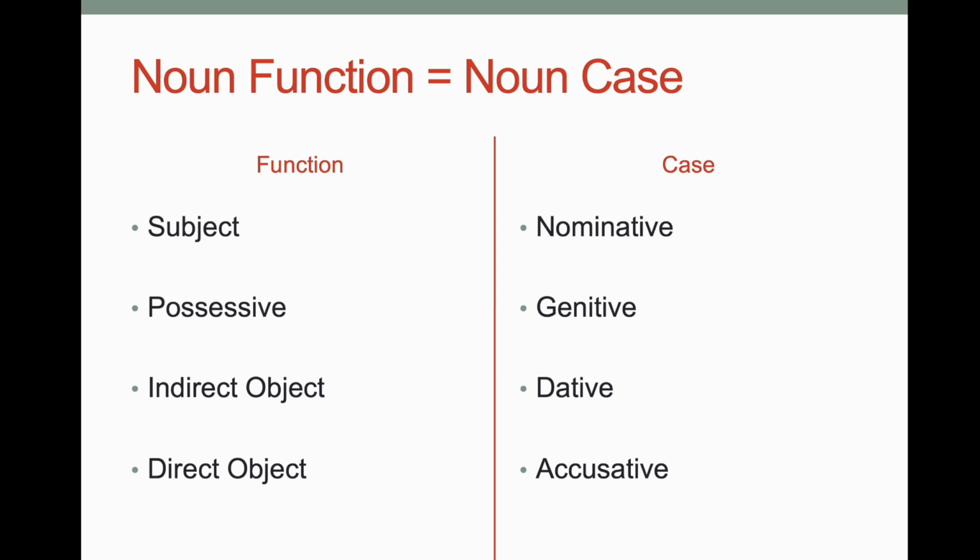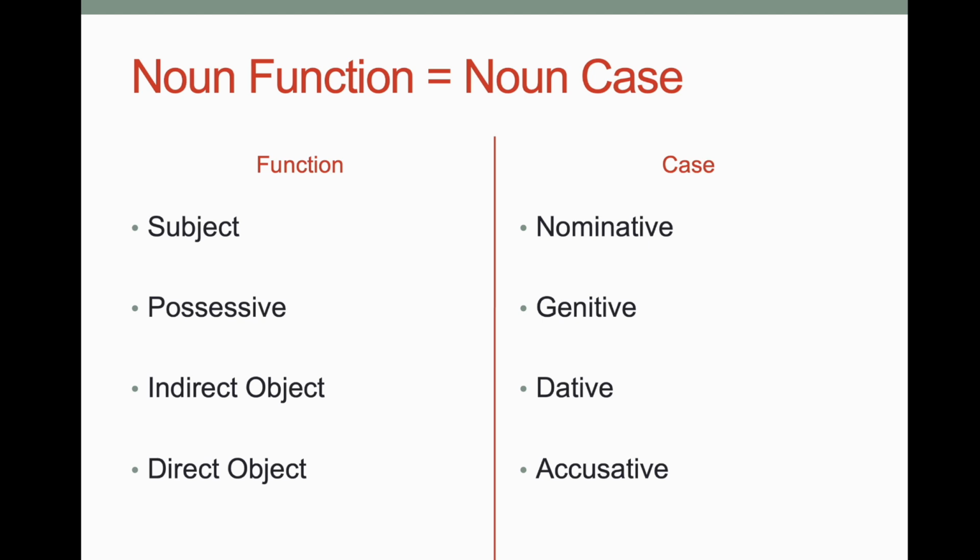For instance, what we would call a subject of a sentence or clause is the nominative case in Greek. Or if a noun is acting as a possessive, that is, this is Jim's cup, okay? The cup of Jim. That possessive would be in the genitive case in Greek.